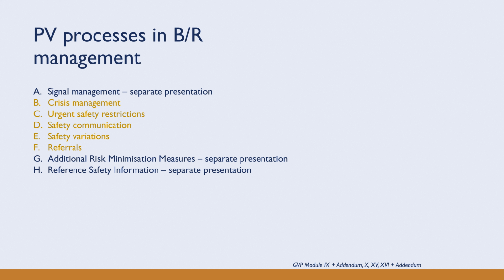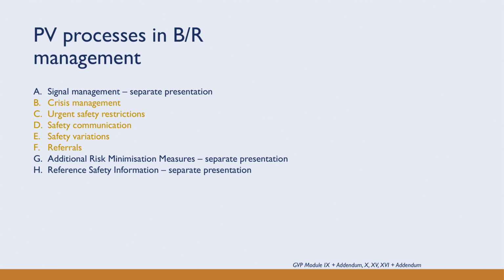PV processes in BR management. Benefit risk management involves several pharmacovigilance processes. Signal management, which is covered in a separate presentation, identifies new safety information that could impact the benefit risk balance. Crisis management deals with urgent issues requiring immediate action. Urgent safety restrictions are implemented when serious safety signals are identified.